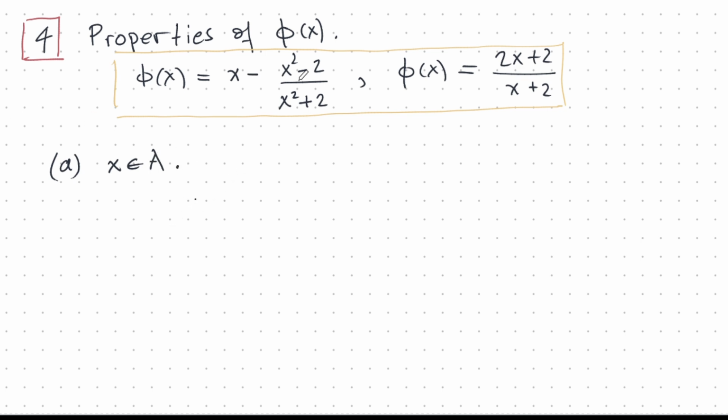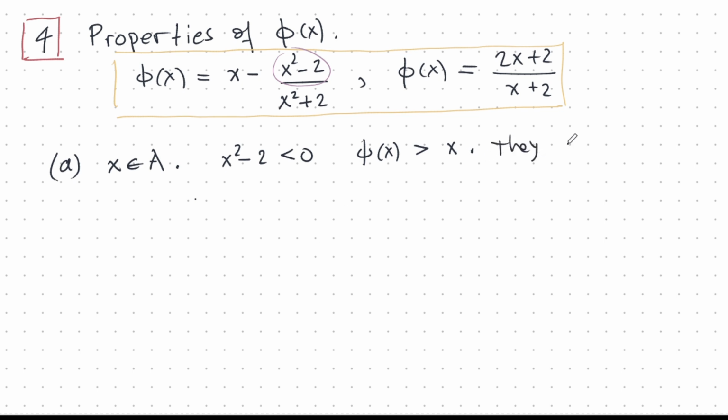Well, we look here and we can see if x is in set A, then x squared minus 2 is negative. And so therefore, phi of x is bigger than x. This is what we saw numerically, that when we begin in set A, the iterations of phi approach root 2 from below, and so they get bigger.